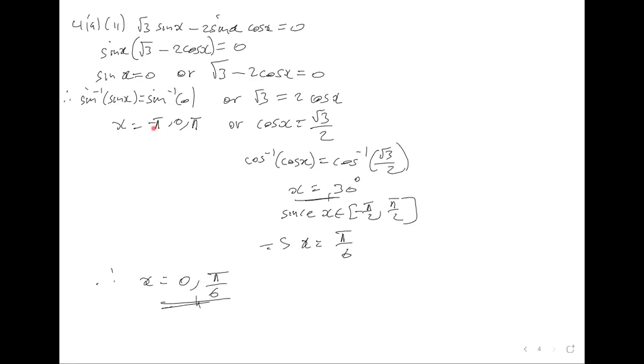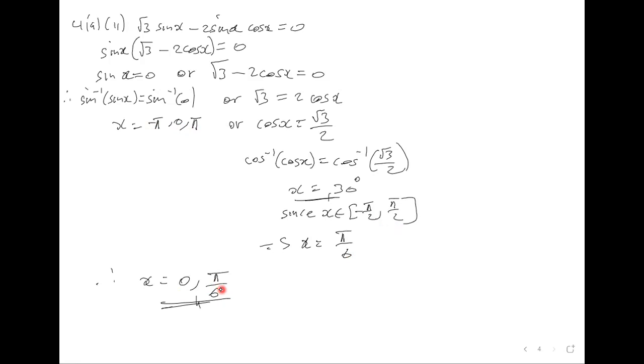Because negative pi and positive pi are not in this interval, the only values that lie in this interval are 0 and 30. So these are the required values.